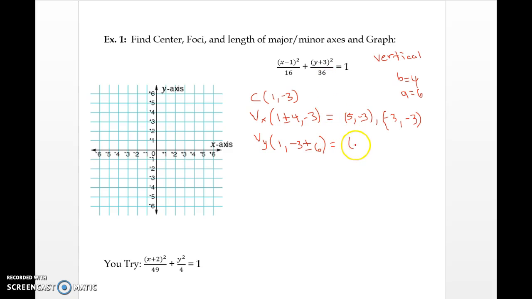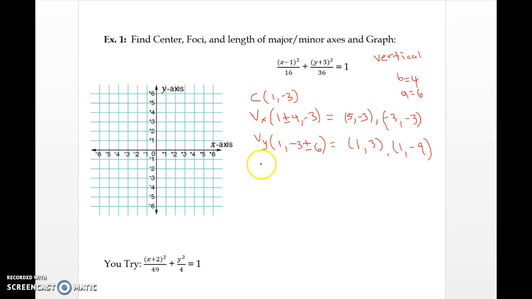And we can simplify this to be 1, -3 plus 6 is +3. And -3 minus 6 is -9. Now you could write your vertices with the plus and minus, because this tells me there are 2 points, one for a plus and one for a minus, or you could write it out in 2 separate ones. It's totally up to you. I don't care which one you do.